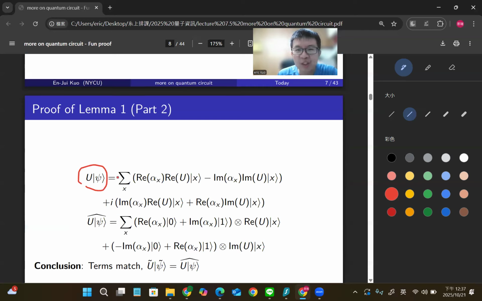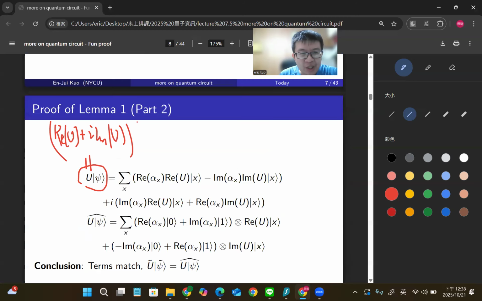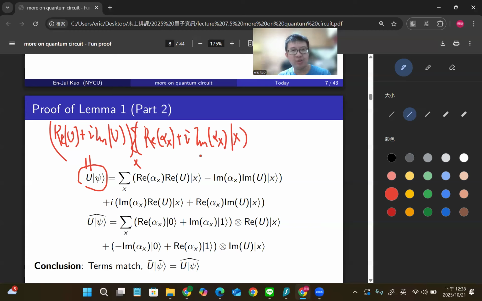So whatever it is, we just write it down: it's real U plus i imaginary U. Apply on the real alpha x plus i imaginary alpha x, summation over x. This is the calculation.